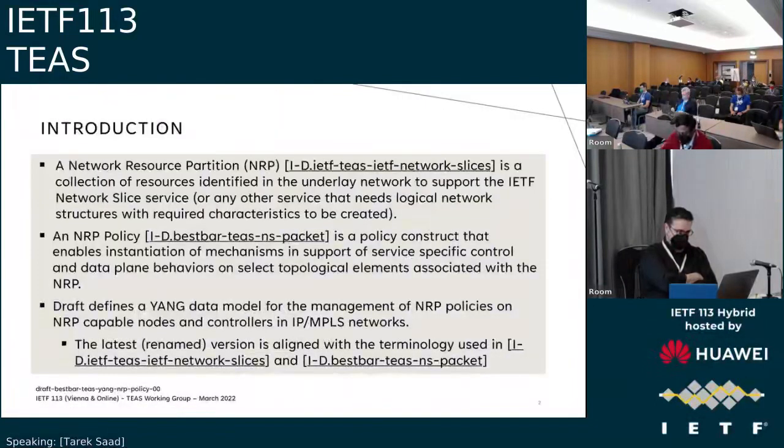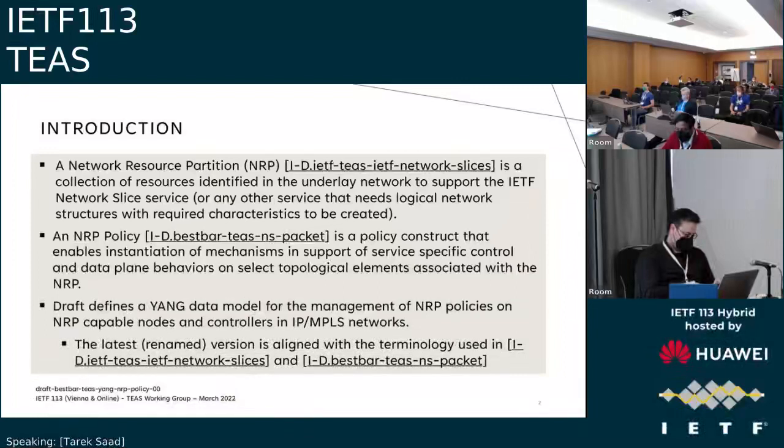So let me give you a bit of an overview of what this data model is trying to cover. There is the network resource partition, which is introduced in the network slicing framework. It's a collection of resources identified in the underlay network to support the network slice service or any other service that needs this logical network structure with the required characteristics.